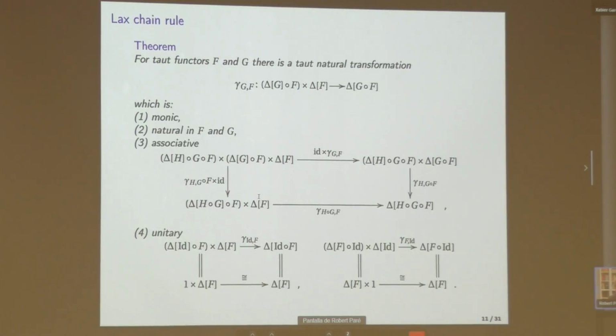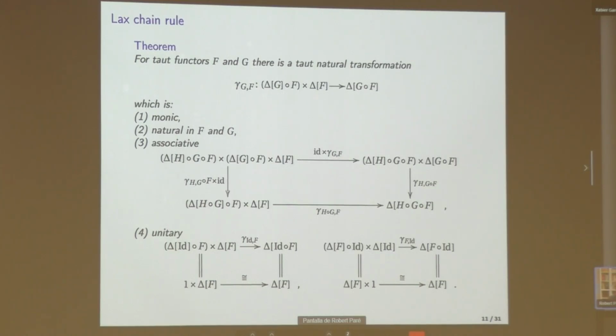In fact, they're not equal even if you take f and g just to be squaring, x squared. You don't get equality here. But you get this comparison between the delta g composed with f times delta f into delta g tensor, g composed with f.